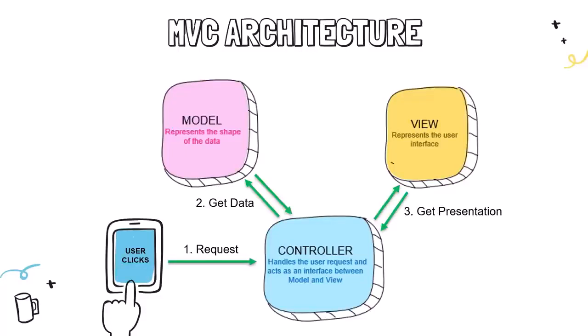What view will do is it will add all the data in its HTML formatting and pass that back to the controller, and then controller will send that response back, and the data or website will be displayed on your screen. So one thing that you should always remember is, in an MVC architecture, controller is the heart of your application.